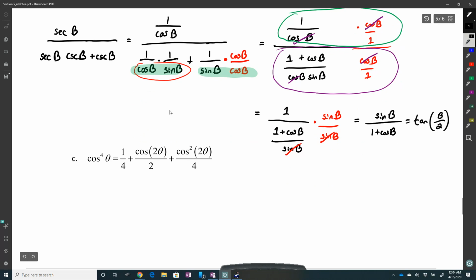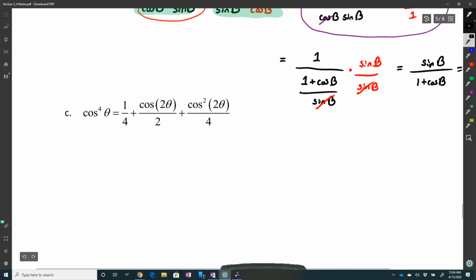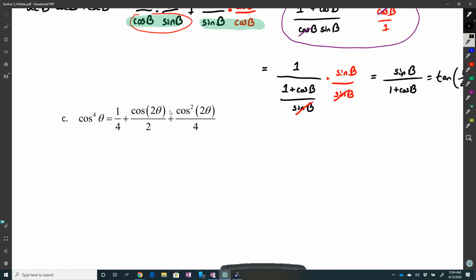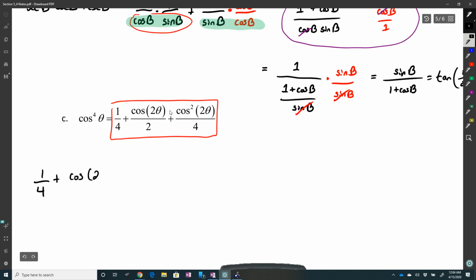Cosine to the fourth theta equals. Now, I picked this one because I liked it. Good stuff. We're going to start with a more complicated side. And I'm going to get it to where they all have the same denominator. So I have 1/4 plus cosine of 2 theta over 2.